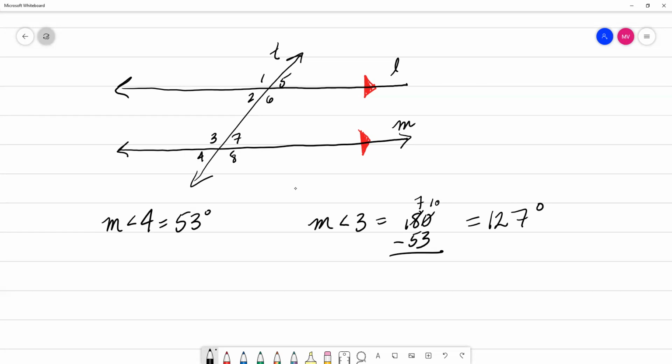All right. So Gabe, what's the measurement of angle 2? If the measurement of angle 4 is 53, what's the measurement of angle 2? I gave you a worksheet, so you can write some of this on the back of it if you want. What do we know about angle 4 and angle 2?